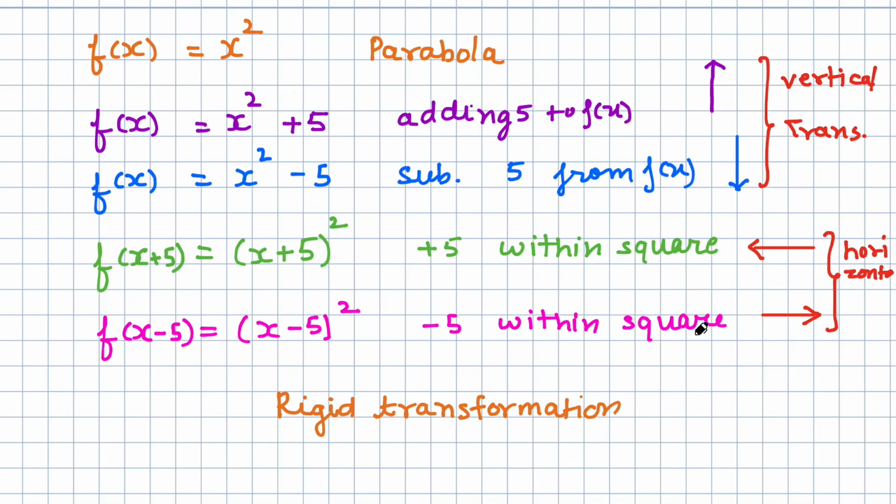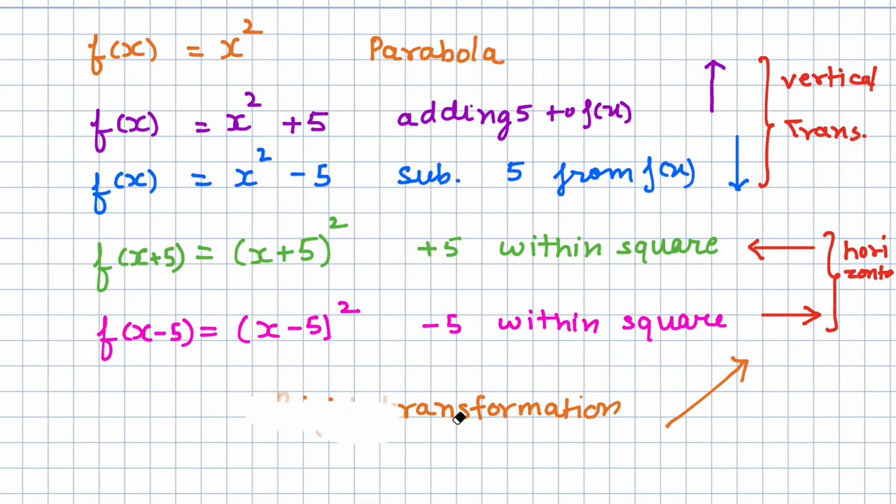Because we are at the very beginning of the concepts, it's not necessary that it will only move up or down or left or right. It can also move like this. But when we are learning the concept, we will do these four only, and with the help of these four, we will make any direction of rigid transformation.